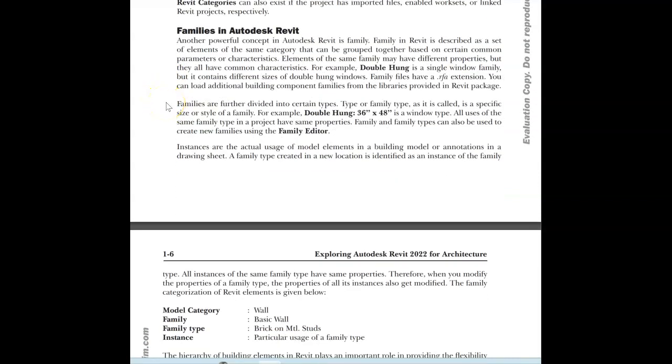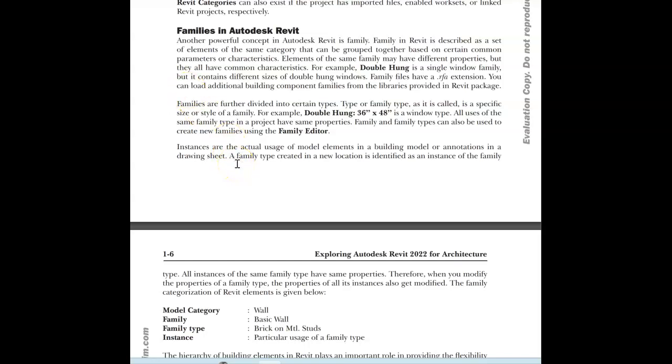We're going to be working with a thing called families. Families are components. A family in Revit is described as a set of elements of the same category that can be grouped together based on certain common parameters. So all windows are a family, all doors could be a family, and doors might even include the garage door.